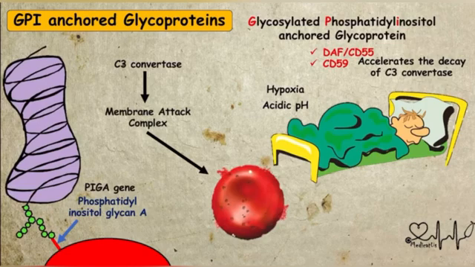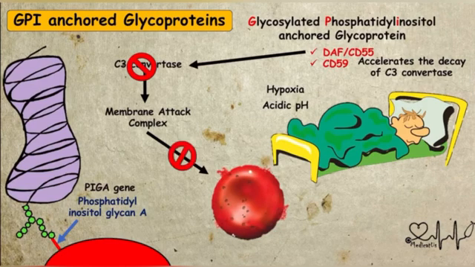But in a normal person who has these GPI anchored glycoproteins, DAF or CD55 and CD59 work properly, which will inhibit C3 convertase and will stop the membrane attack complex from forming. And because of this, our RBCs are safe. But in a person with a PIGA gene mutation, there is no GPI anchored glycoprotein, leading to a defect in CD55 and CD59.